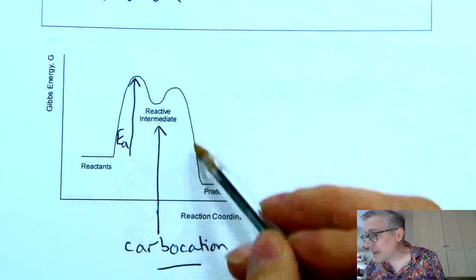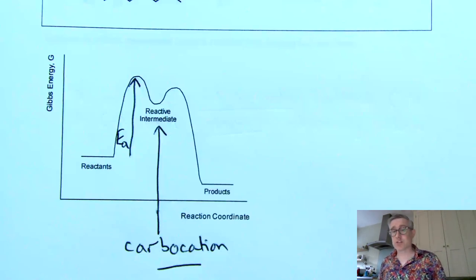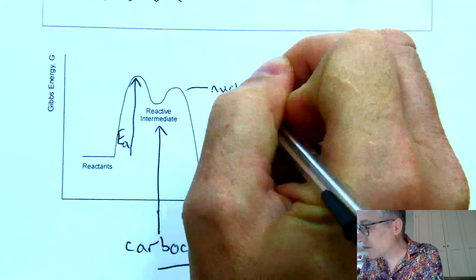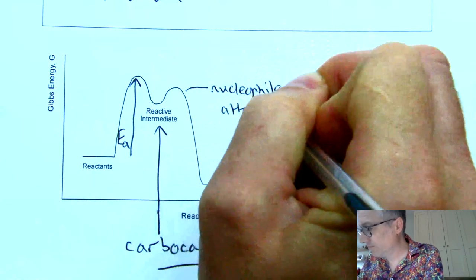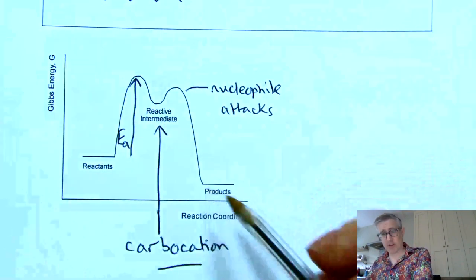And that reactive intermediate then converts rapidly into the products, because what's happening in this second step, this is where the nucleophile attacks. Two steps: make the carbocation, attack it with a nucleophile.